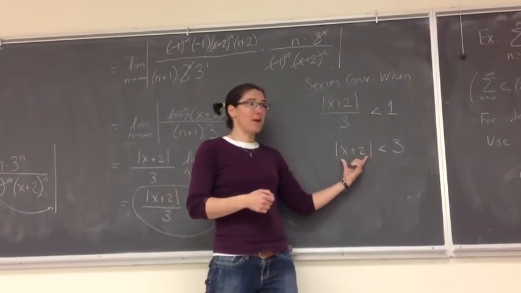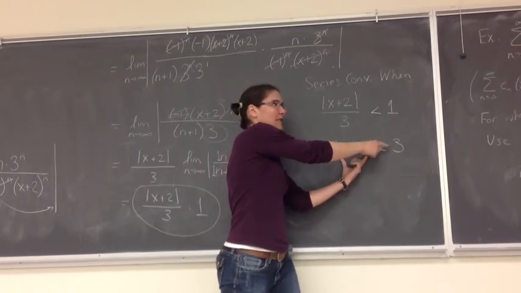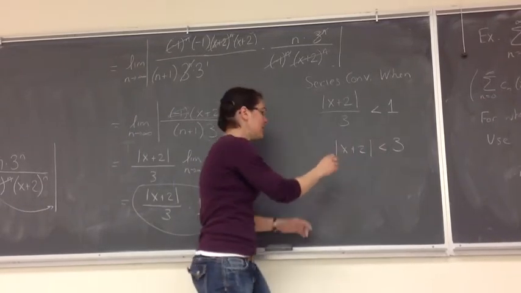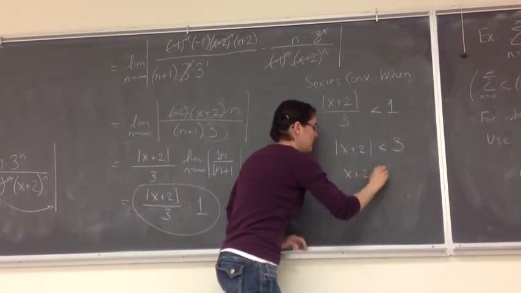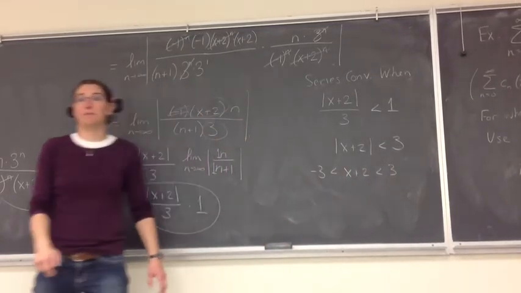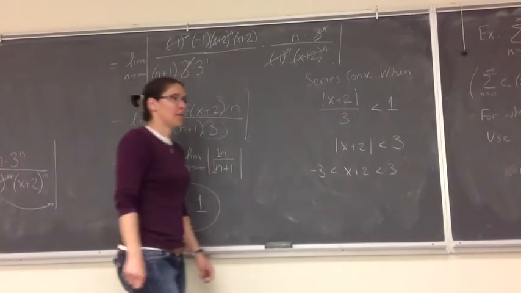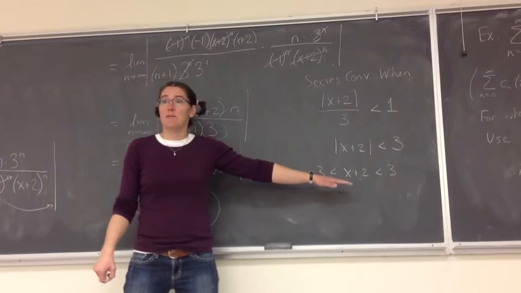Which means that this expression in the middle, what absolute value bars say is that the size of this value has to be less than 3. Which means that the x plus 2 must be less than 3 and greater than negative 3. So this is one way I can get rid of my absolute value bars.